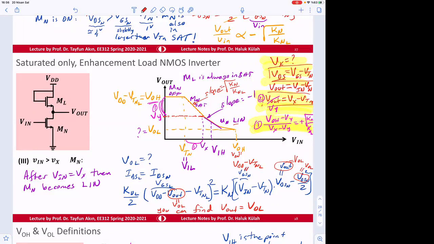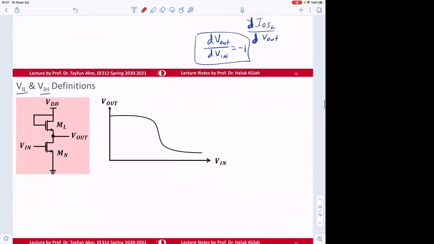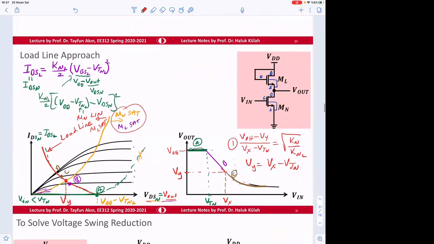What is Vx? Vds is equal to V gate to source minus V threshold of n. Did we make a mistake there? No, or the NMOS. Mn. This is the case, right?